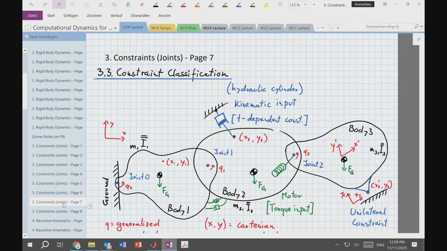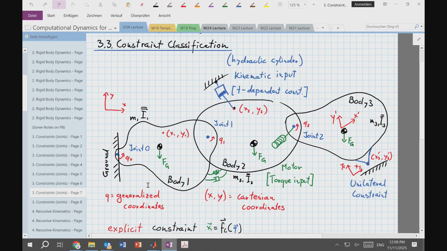I then want to spend some time on constraint classification. And I showed this example in one of the exercises, exercise 1 to be precise, where we built a SimMechanics model of it, where we have 1, 2, 3 bodies connected with 1, 2, 3 rotational joints here.